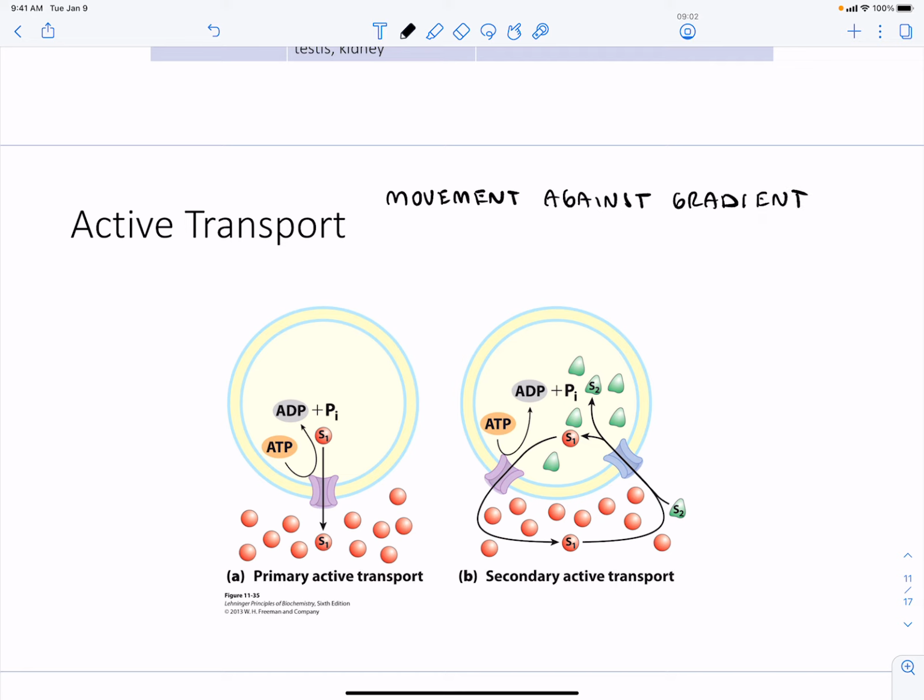And so it's basically endergonic, it's very unfavorable. And so it's going to be coupled to an exergonic reaction.